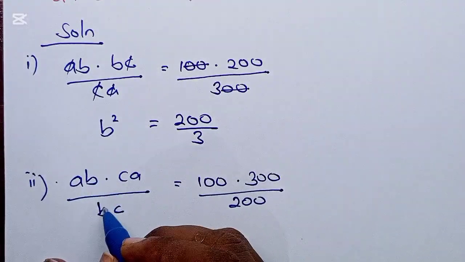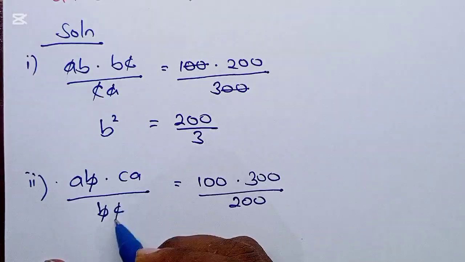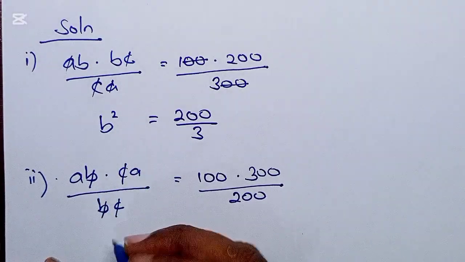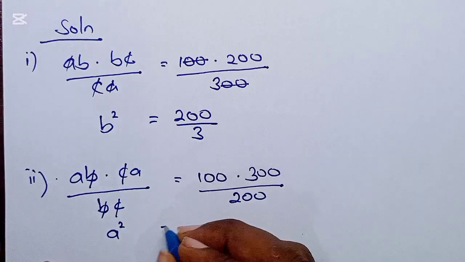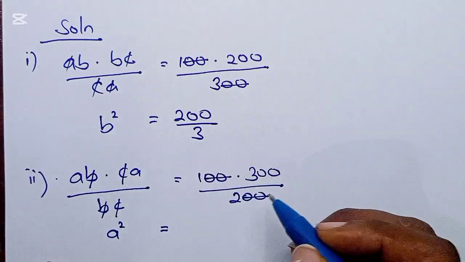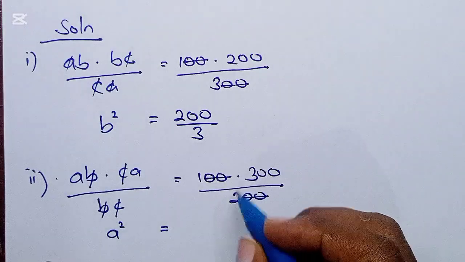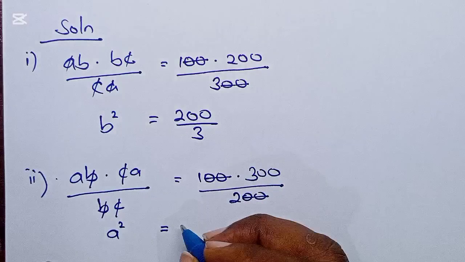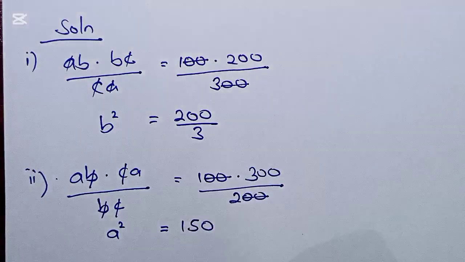So on this side, this B cancels with this B, and this C cancels with this C. So we're left with A times A, which is A squared, is equal to, this 0, 0 cancels with this 0, 0. So we're left with 300 divided by 2, which is equal to 150.